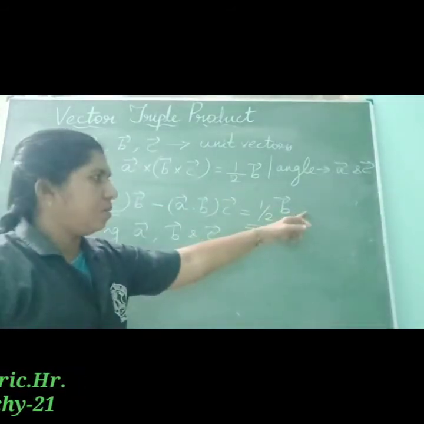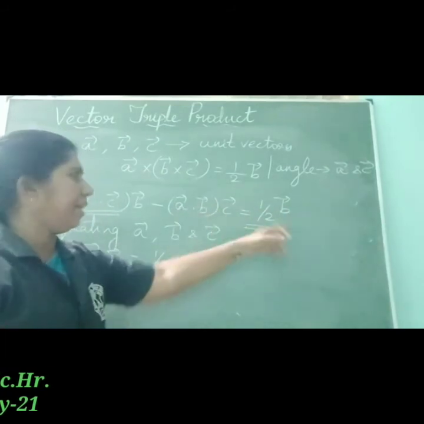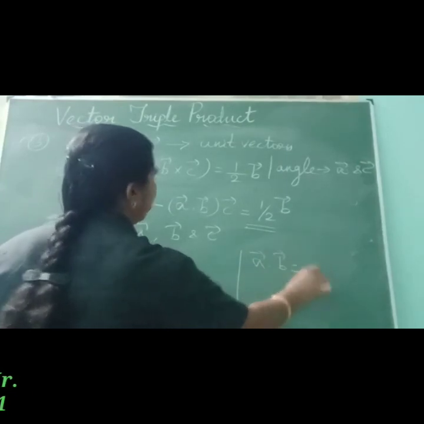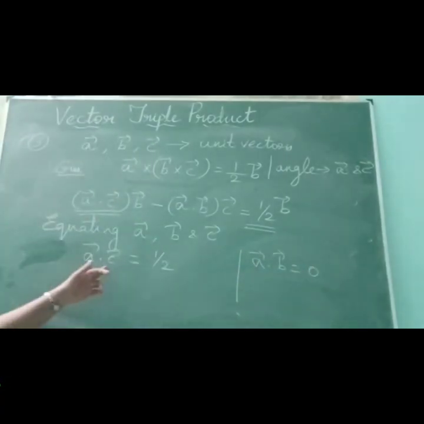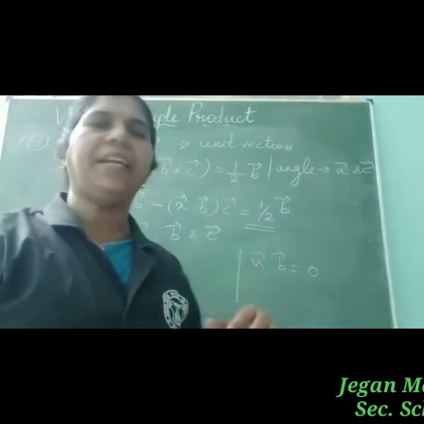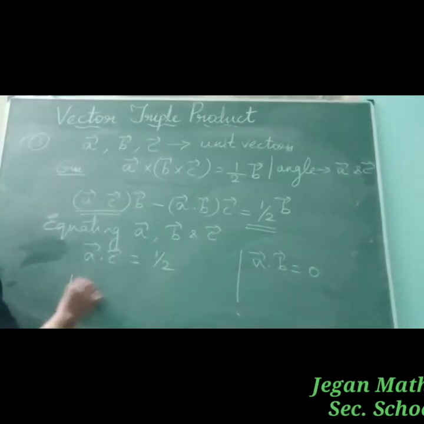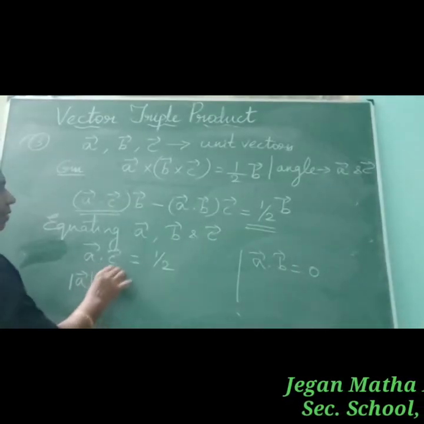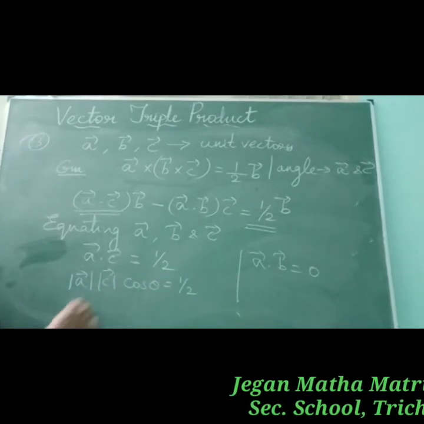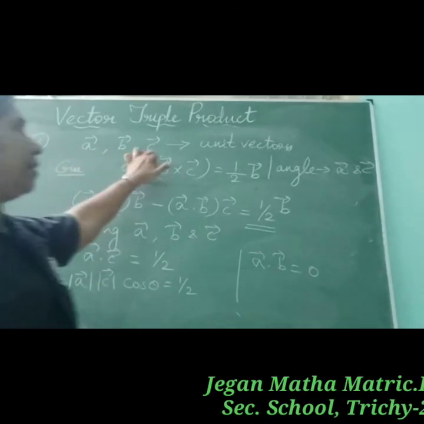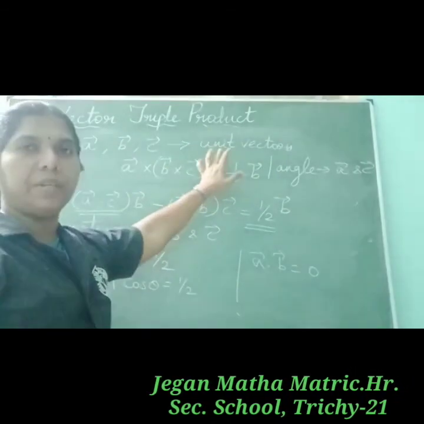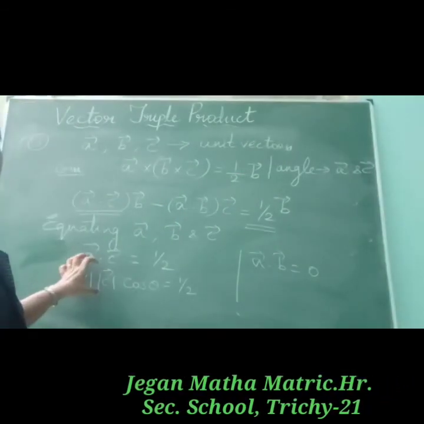There is no C vector on the right, so comparing, A dot B is equal to 0. That you can leave. The dot product of two vectors A dot C can be written as modulus of A into modulus of C into cos theta, equal to 1 by 2. Since A, B, C are all unit vectors, the modulus value must be equal to 1.